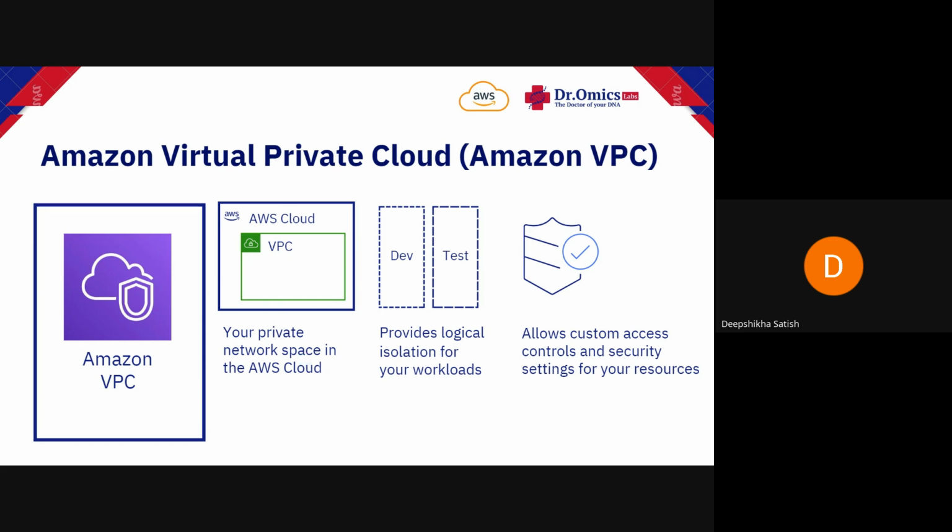This basically enables users to create an isolated network within the AWS cloud, which means you get full control over that network, so that you can use an IP address range, subnets, route tables, and even different security settings.